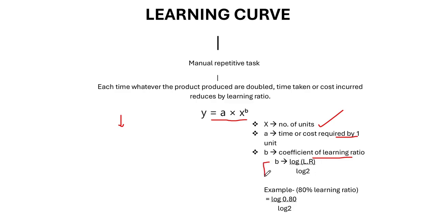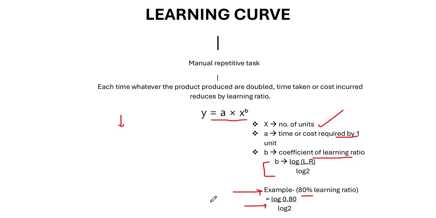We can simply show this as log of learning ratio divided by log 2. For example, if the learning ratio is 80%, we will write log 0.80 divided by log 2.